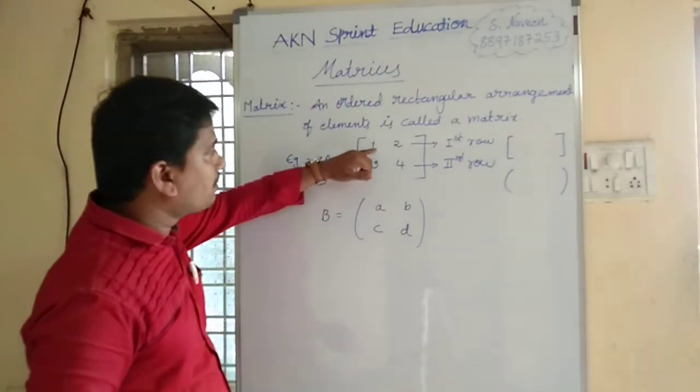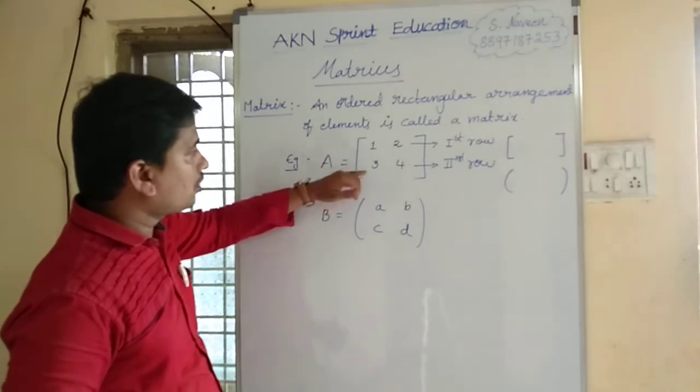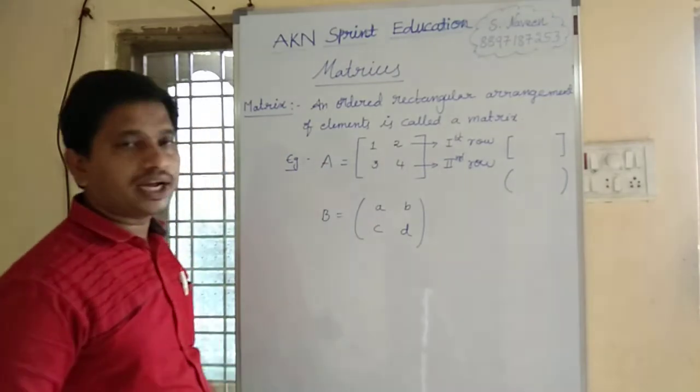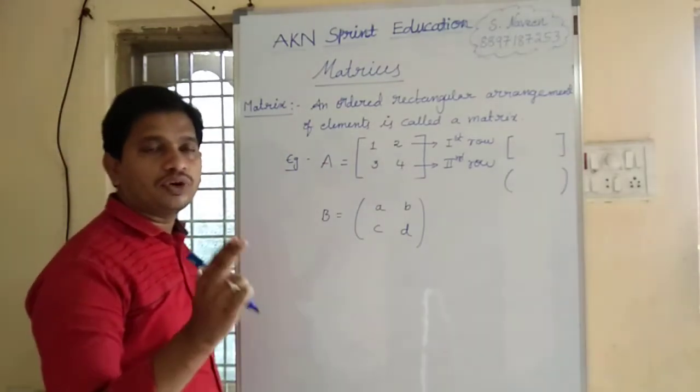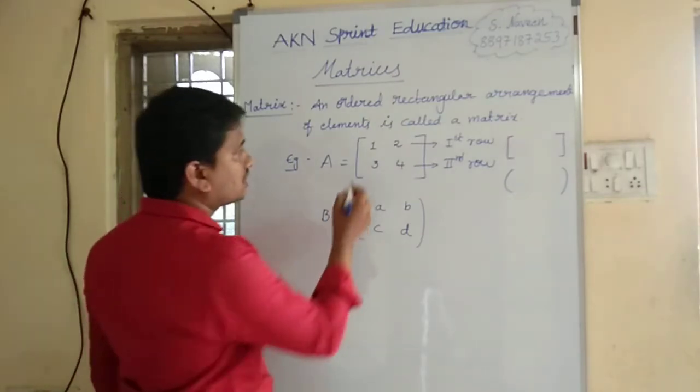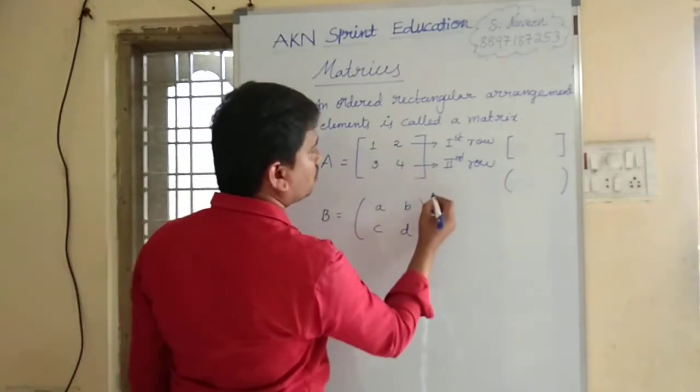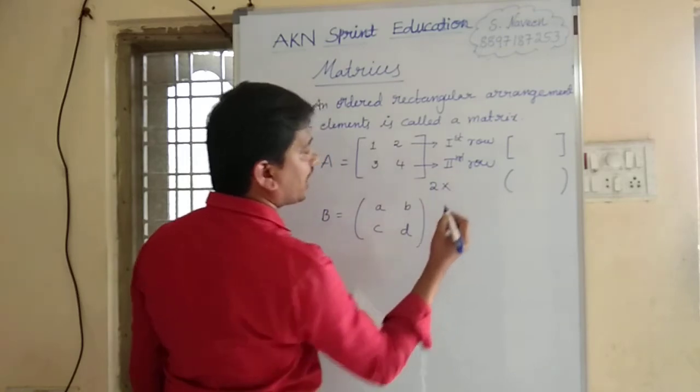Row 1 contains elements 1 and 2, and row 2 contains elements 3 and 4. We have two rows. This is row 1 and this is row 2.